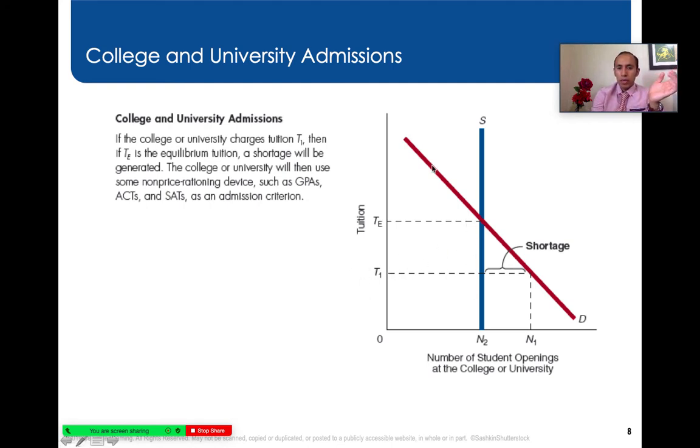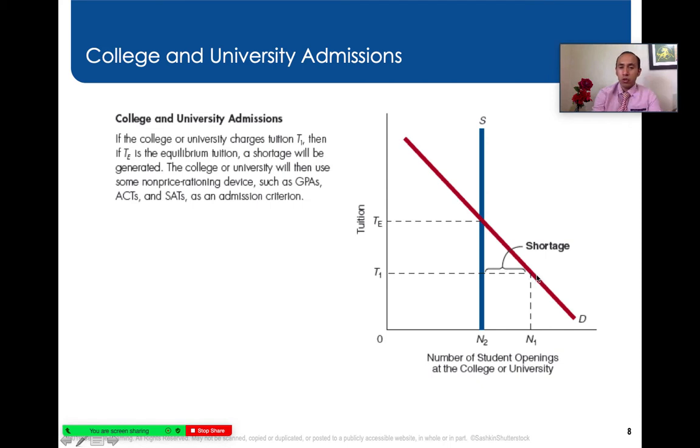At this tuition rate, quantity demanded is 10,000 students who want to go to the school. The supply available, the openings that the university can take, suppose is only 7,000. They only have 7,000 spaces, but 10,000 students want to get in.